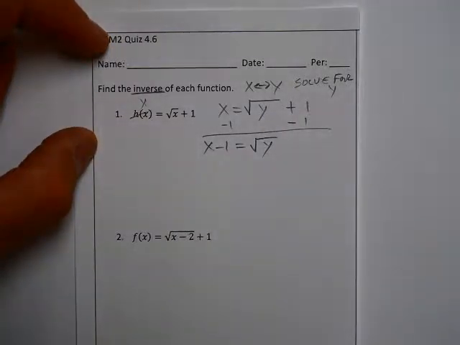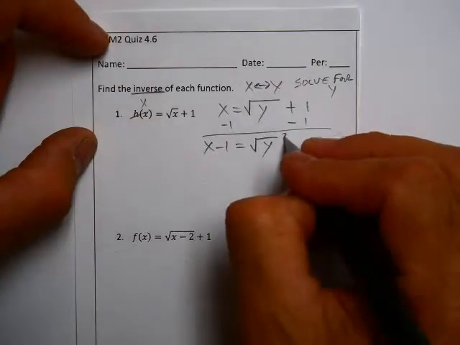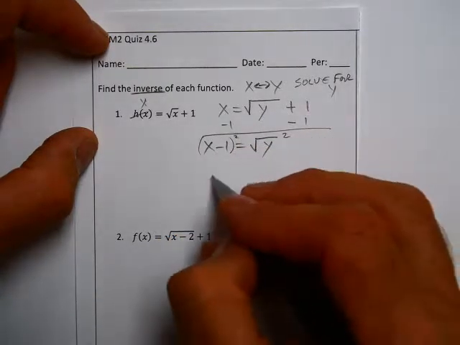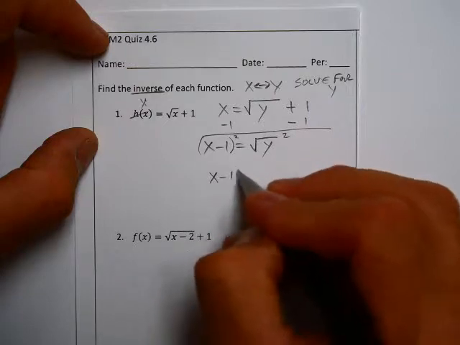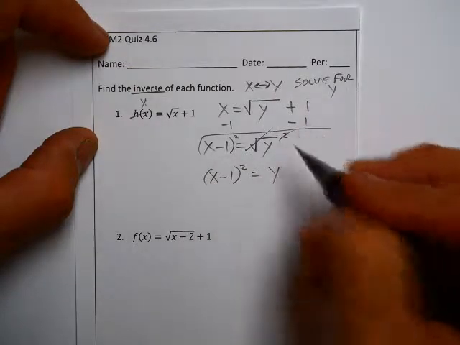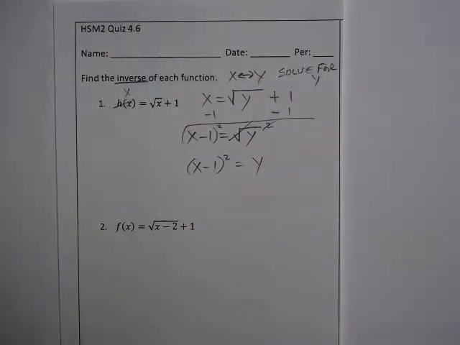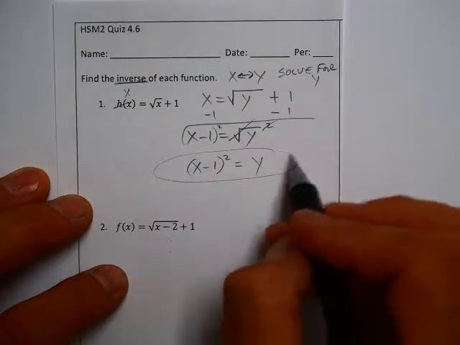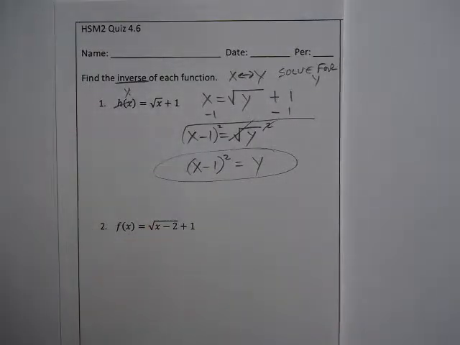And now, how do I undo a square root? I've got to square both sides here. So I'm going to say x minus 1 quantity squared equals y, because these guys will cancel. And that is a form, and it's the form that I would kind of expect from the students at this point of this answer. It's factored and we're in good shape.